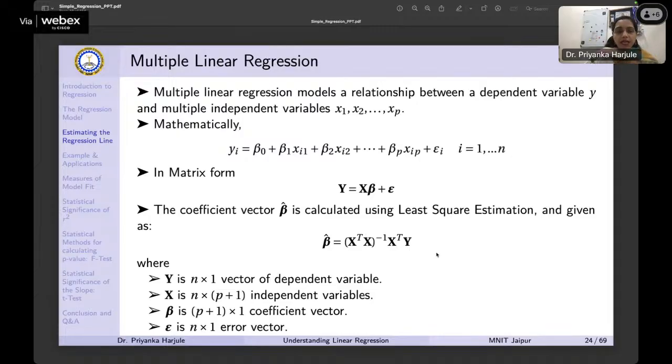Similarly, in the multiple regression case, you will have more than one independent variable.